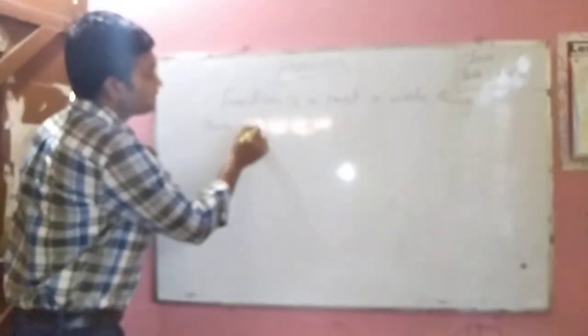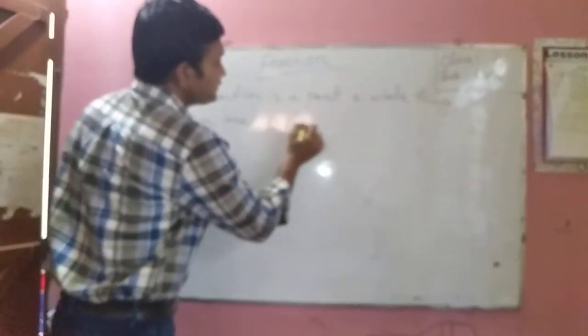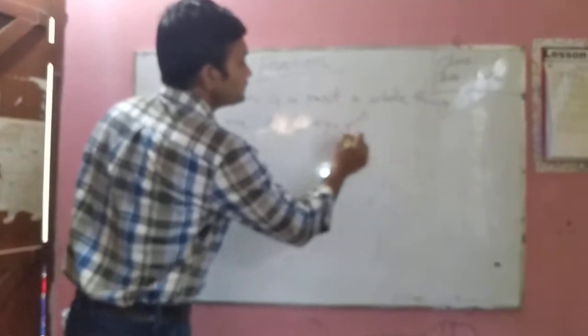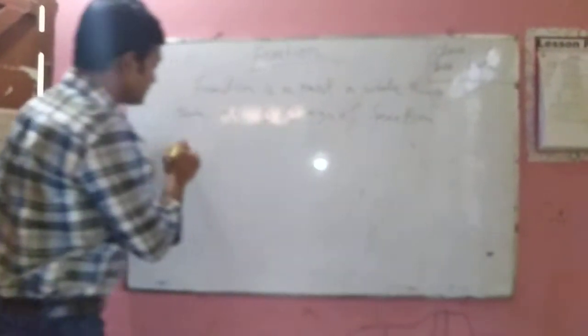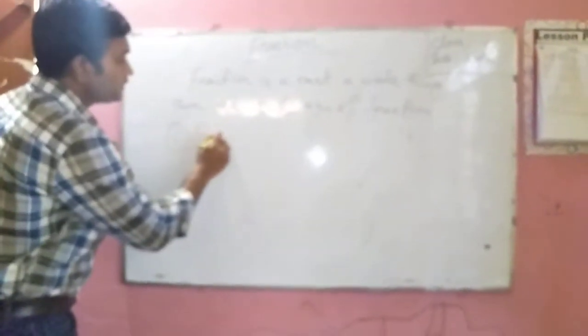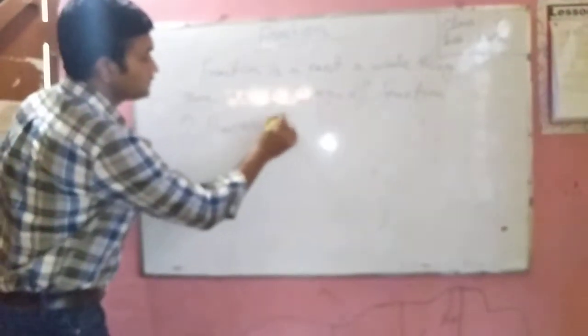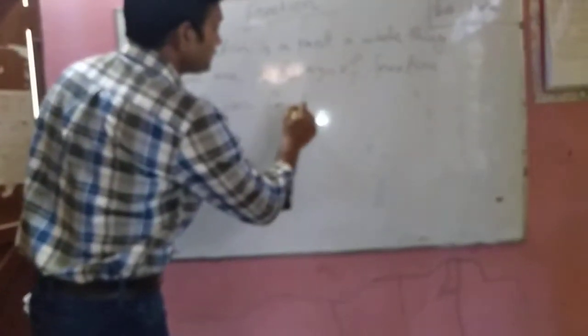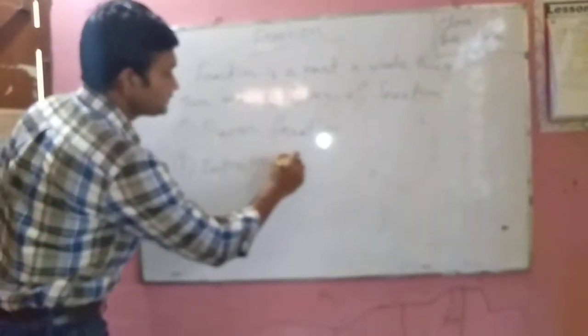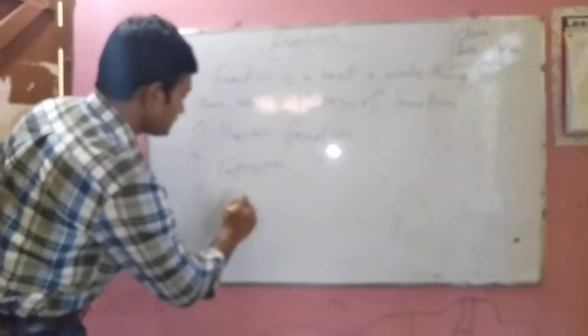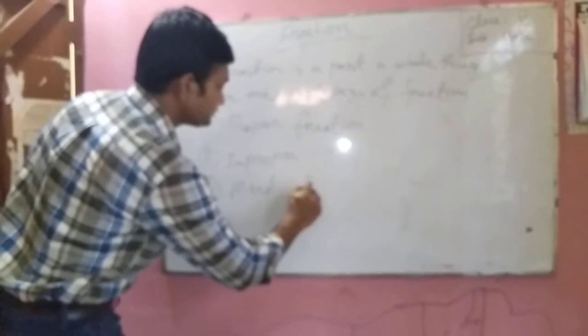There are three types of fraction. Number one, proper fraction. Two, improper fraction. Three, mixed fraction.